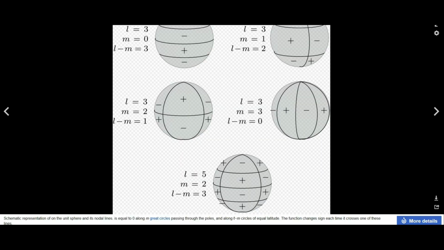But in spherical harmonics, you can go around the equator or around the meridian, I guess, on the surface of these spheres. But you can also see that you can have different frequencies going around here.